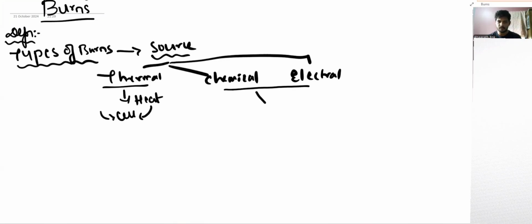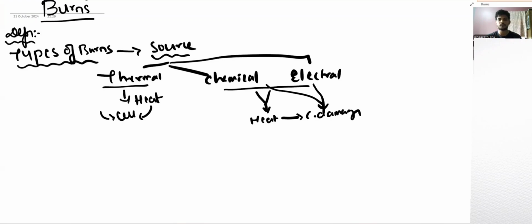Chemical and electrical burns transfer heat, and this heat produces cellular damage. Along with that, chemical and electrical burns can directly cause cellular damage. So the damage is much more in a chemical or electrical burn because they can transfer heat, and that heat produces cellular damage, or the chemical and electrical source themselves can produce cellular damage directly.